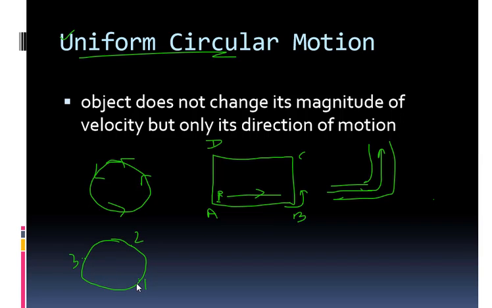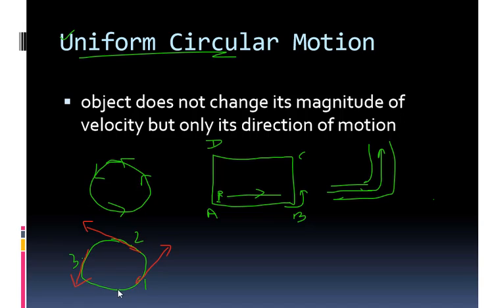Here the direction of motion of the body is like this. The body is moving in this direction. Here the direction of motion of the body is from here to here, like this direction. Here the direction of motion of the body is like this.